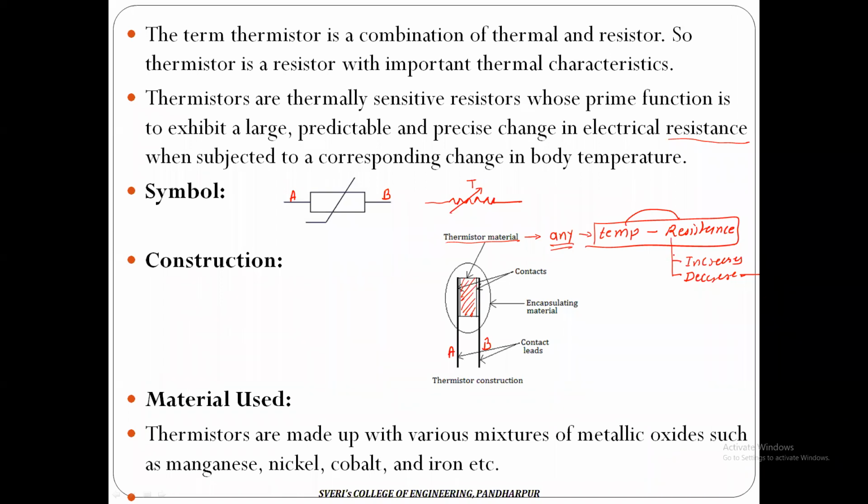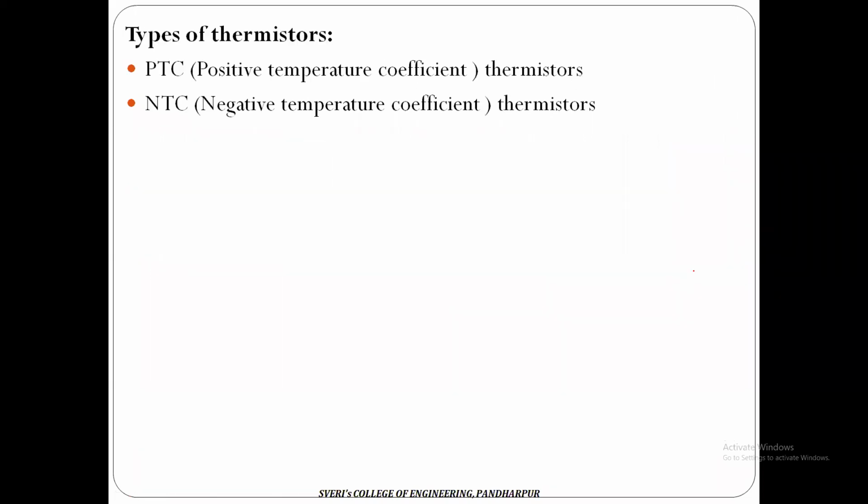And as I said, the effect of temperature on that material's resistance is either an increase or a decrease. Based on that, the thermistors have two types. So what are these two types? One is the positive temperature coefficient thermistor and the other is the negative temperature coefficient thermistor, PTC and NTC.